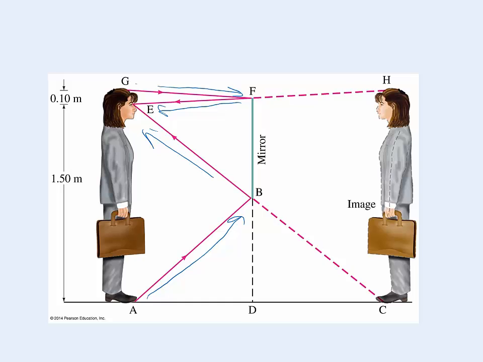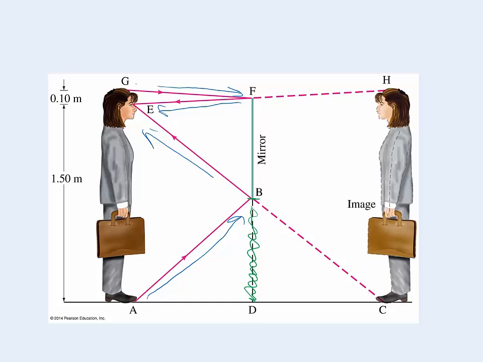Let's start with the ray AB at her feet. It reflects off the mirror at point B and makes it to her eye, which means that the lower half of the mirror, if there were to be a mirror down here, is doing nothing. So in fact, we don't need a mirror down there. Our lowest height of the mirror would need to be at point B.